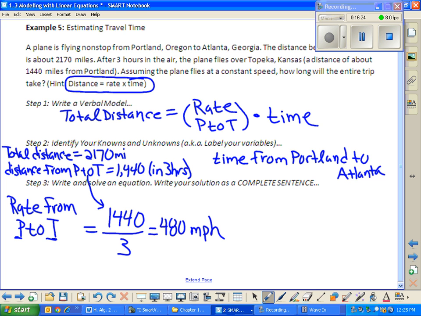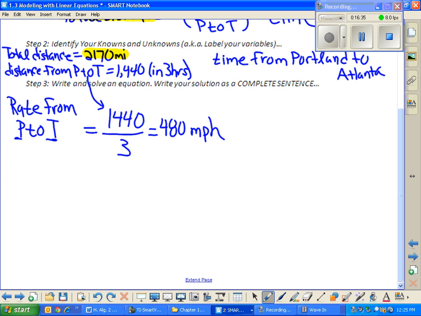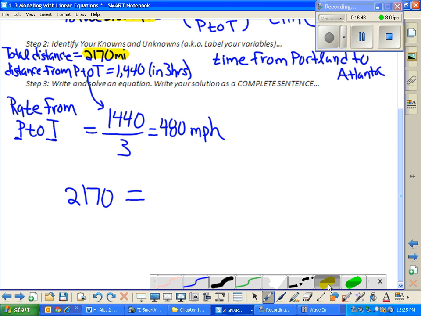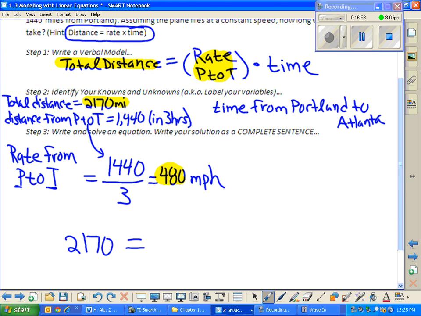So now I can use my verbal model to write the equation. It says, take your total distance, which is actually 2,170 miles. Set that equal to my rate from Portland to Topeka, which is, we just did that little calculation right there. So this will be my rate. So that'll equal 480.